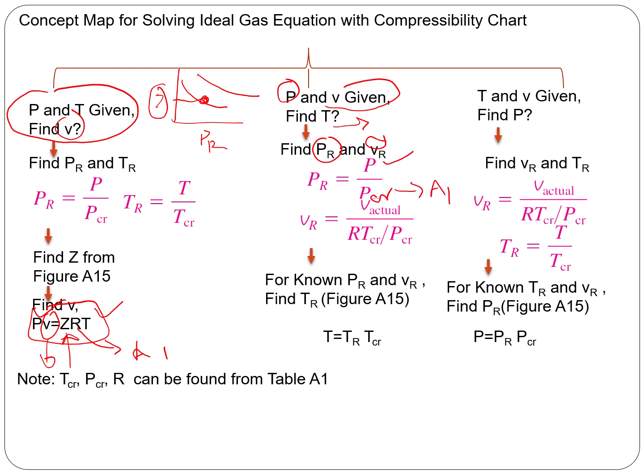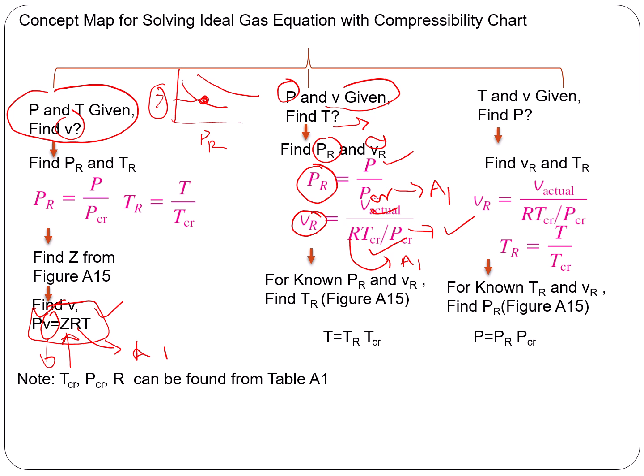So if this is given, you can calculate the reduced pressure, and also the reduced volume. So reduced volume is V by R T critical over P critical. So this value you can get from the table. This is table A1, right? And you can calculate VR as well.